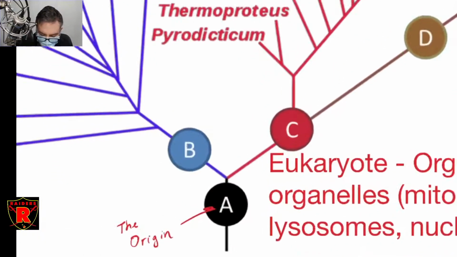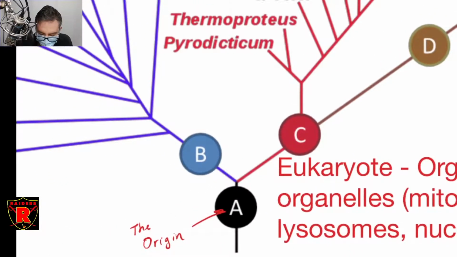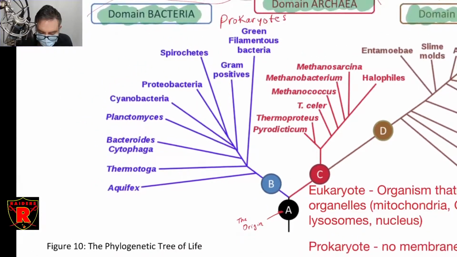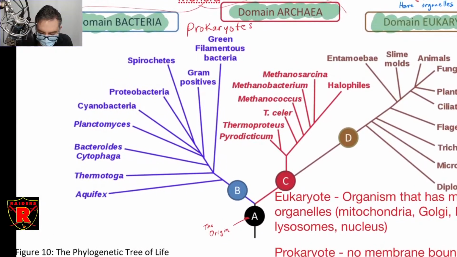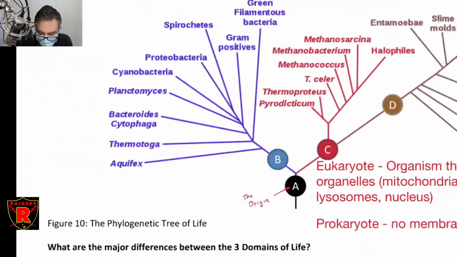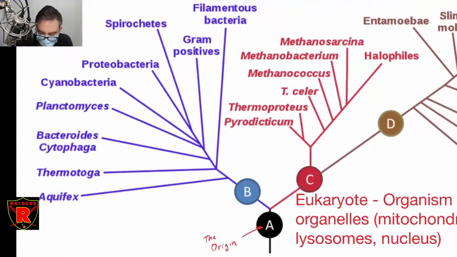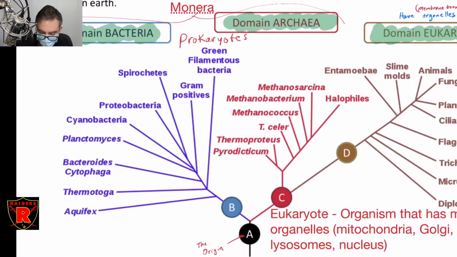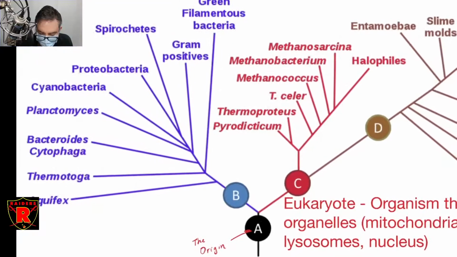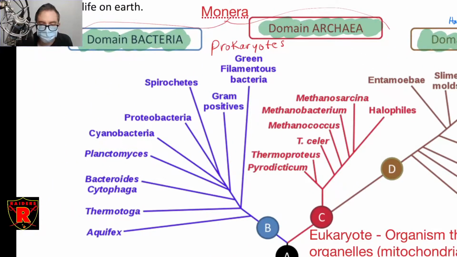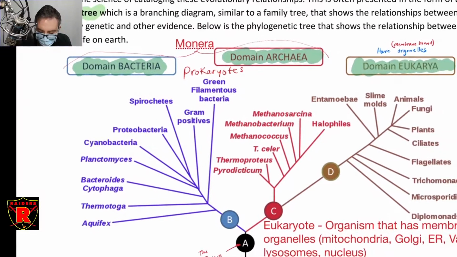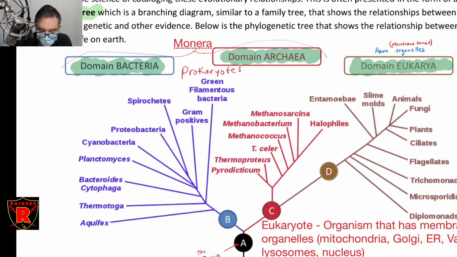You'll notice that there is an early split here, very early in life. This phylogenetic tree does not have a timeline associated with it, but we're going to talk about timelines in a second. But one of the earliest splits here is between bacteria and archaea. So those are the other domains. We mentioned that there are 3 domains.